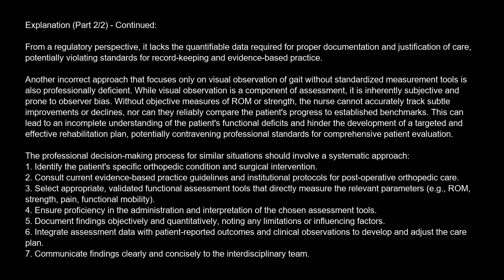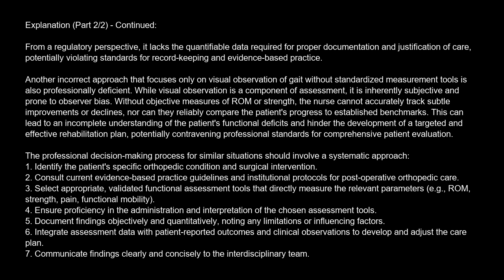The professional decision-making process for similar situations should involve a systematic approach. 1. Identify the patient's specific orthopedic condition and surgical intervention. 2. Consult current evidence-based practice guidelines and institutional protocols for post-operative orthopedic care. 3. Select appropriate, validated functional assessment tools that directly measure the relevant parameters, e.g., ROM, strength, pain, functional mobility. 4.